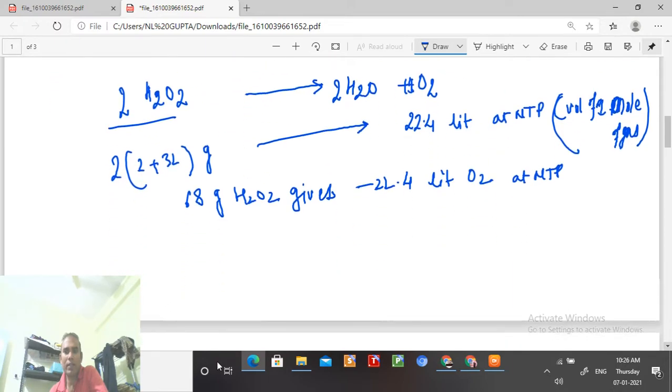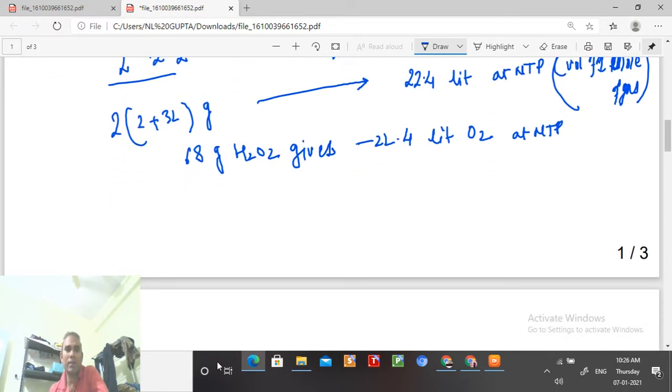Now the second point: 22.4 liter O2 is given by 68 gram H2O2.